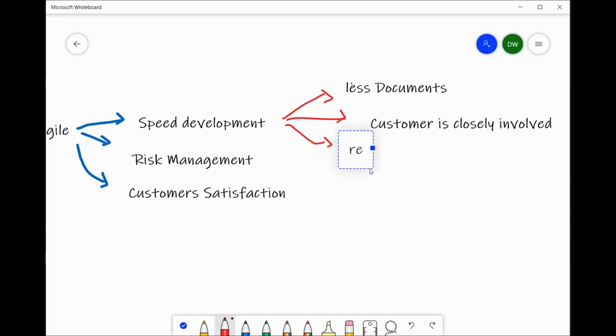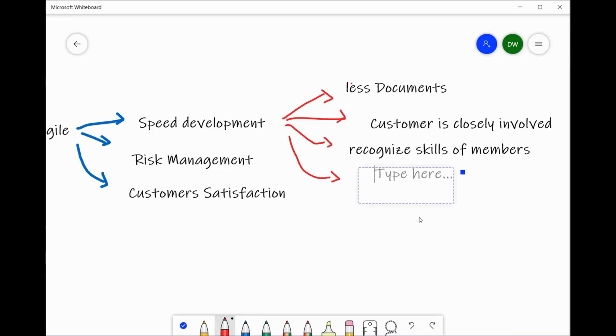So here I write that recognize. And the last point I'm going to tell you is that here they focus on simplicity.